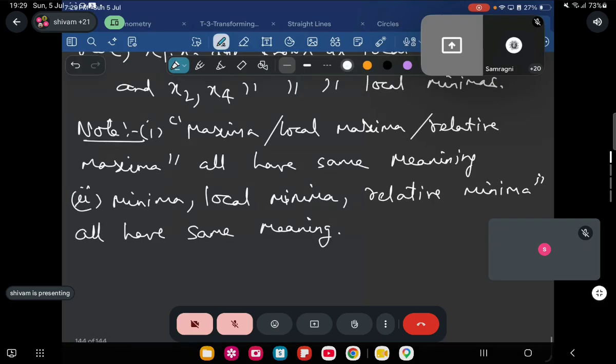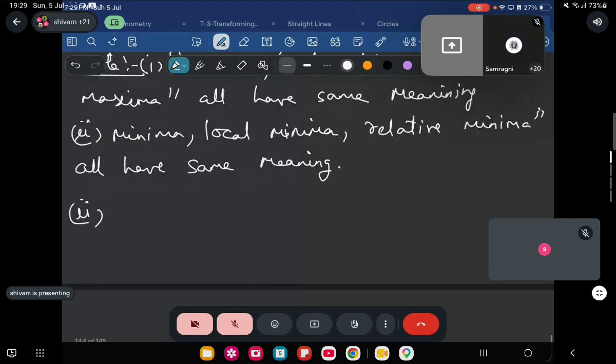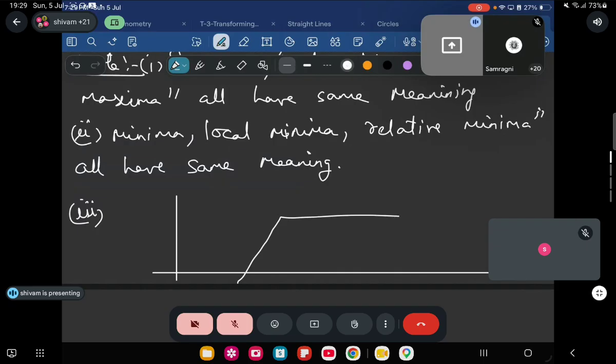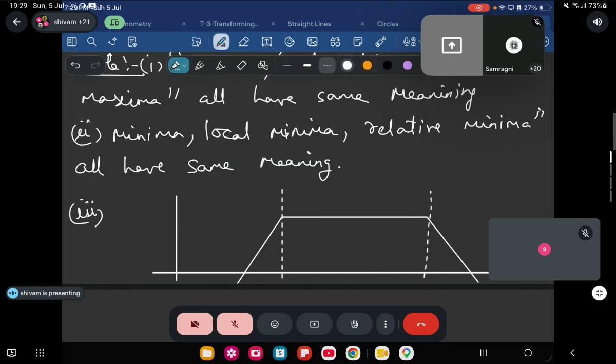Next, number 3. Suppose you get a graph like this. Let us say this point is 1, this point is 3, and let us say this is 7.